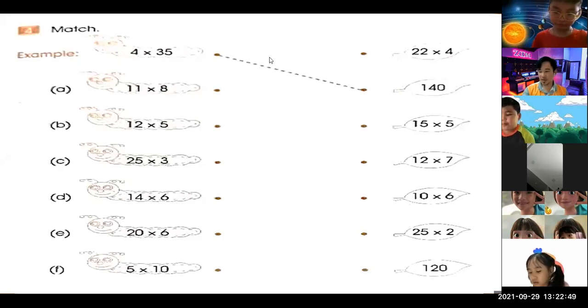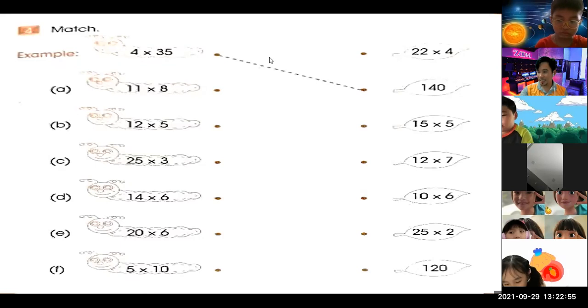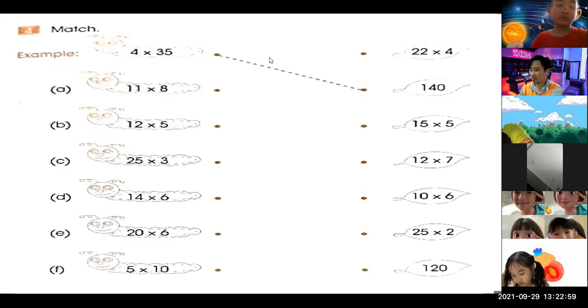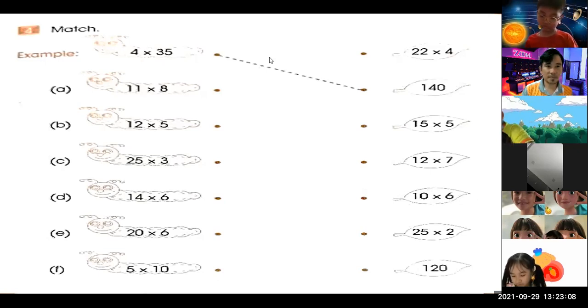If you don't have a ruler, it's okay. But make sure that when you make a line, it's straight. Avoid erasures so that your work is clean. Page 85. There are 6 questions.